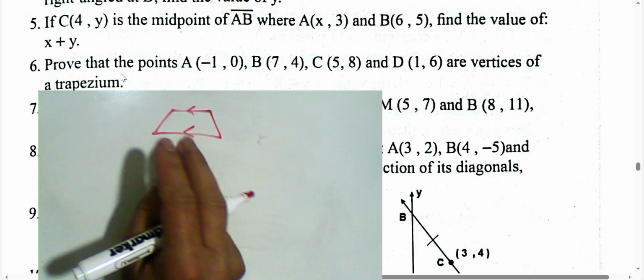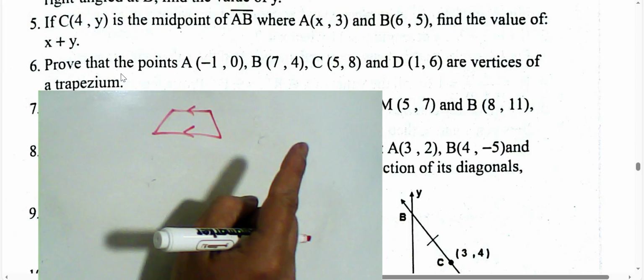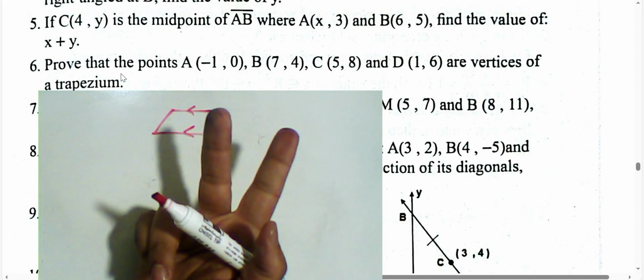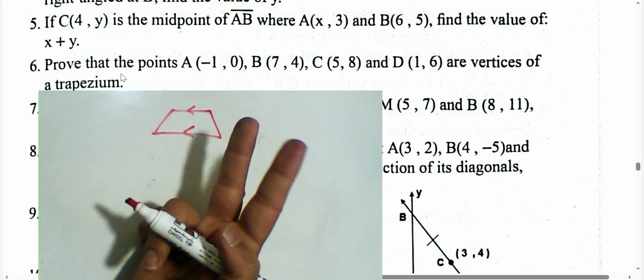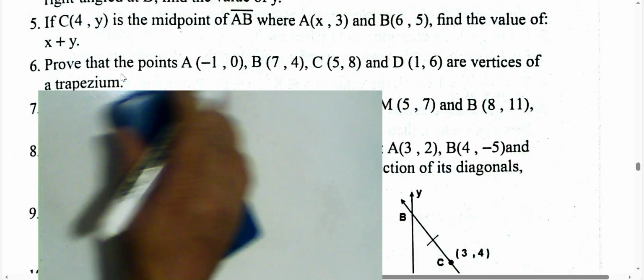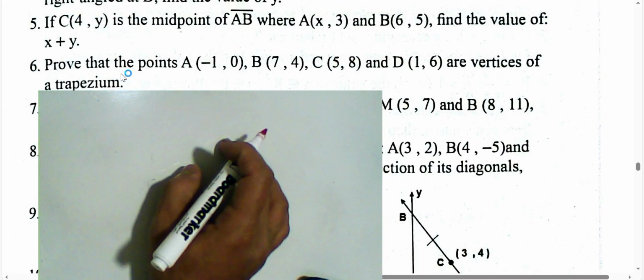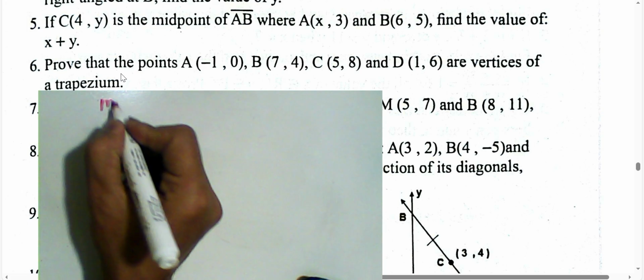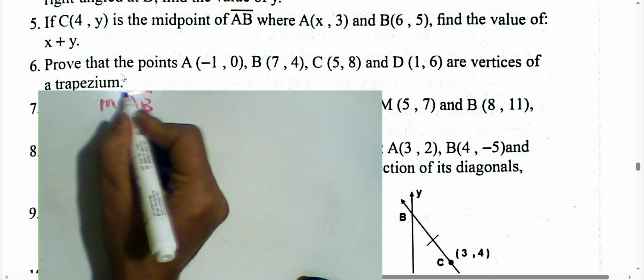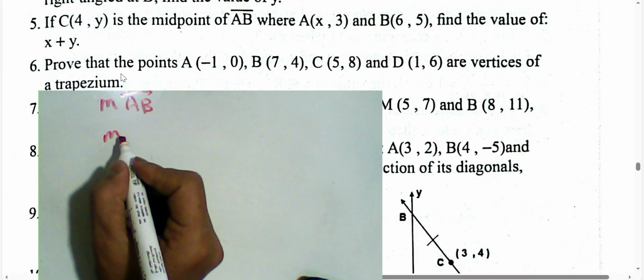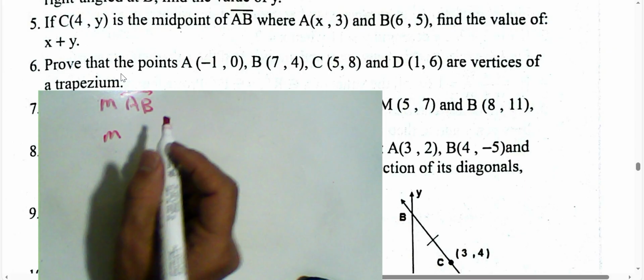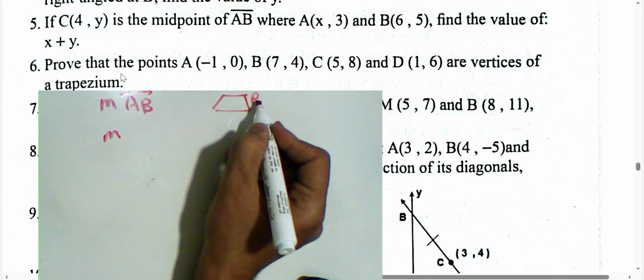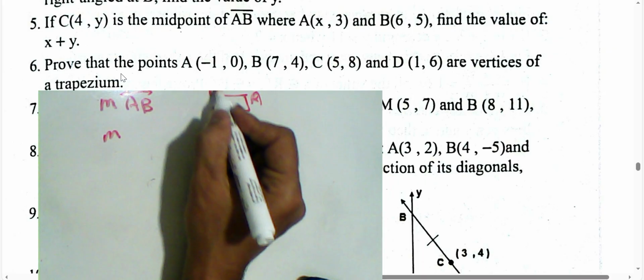So we must find the slopes of AB, BC, CD, DA, and find two straight lines whose slopes are equal. We must start with AB and DC.